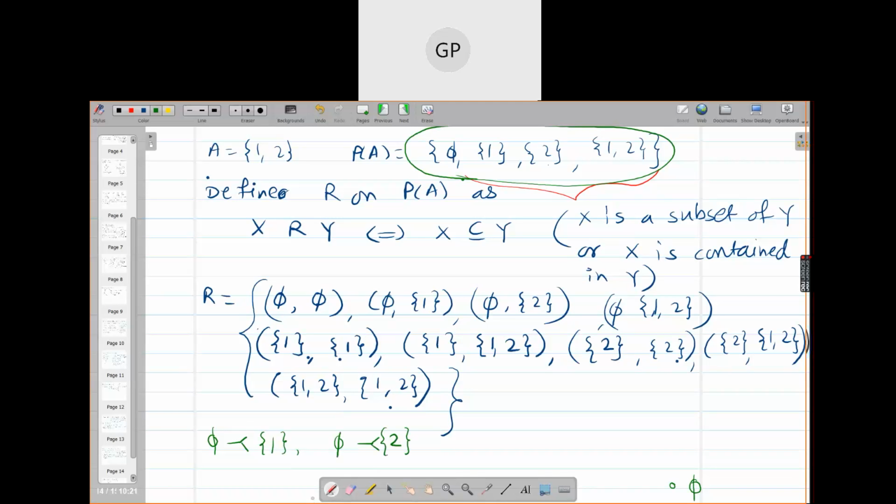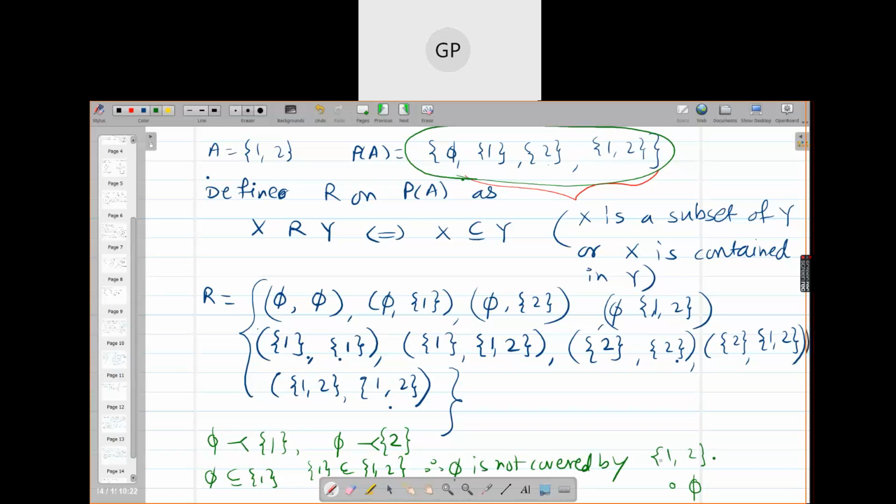Is phi covered by 1 comma 2? No, because phi is a subset of 1 and 1 is a subset of 1 comma 2, and therefore phi is not covered by 1 comma 2. Do you understand this?